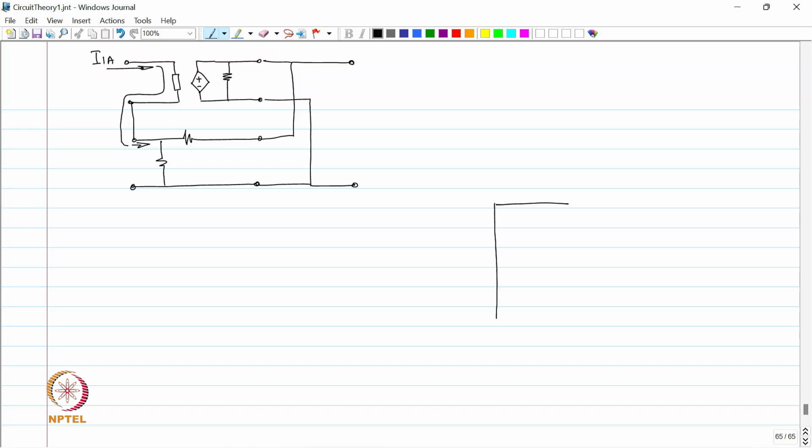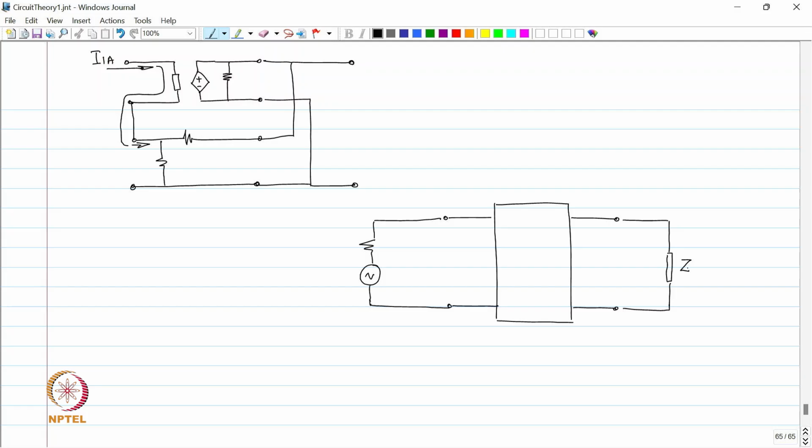So, typically we are going to use a 2 port network, you will buy a 2 port network from, let us say, the shop, and you are going to use it in the lab, right. But to use it, you are going to apply a voltage source or a power source at port 1, and you are going to apply a load at port 2.